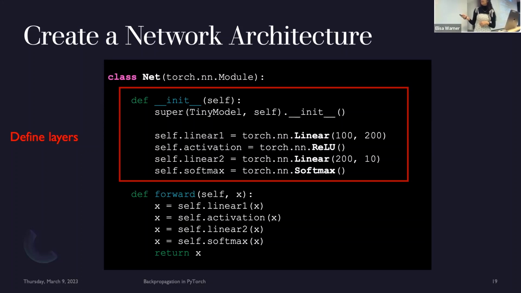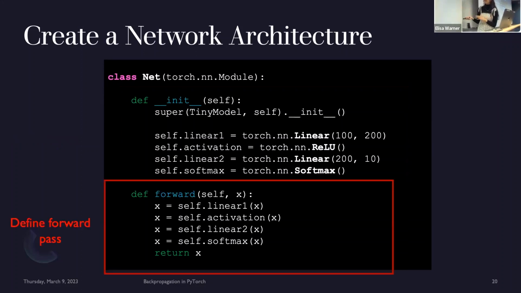This is where we define whether we're going to use linear layers or convolutional layers, etc. And then we have a forward method, which defines the forward pass. We define our layers here, but we need to define how the input is going to go into each of these layers. That's what the forward method is for.